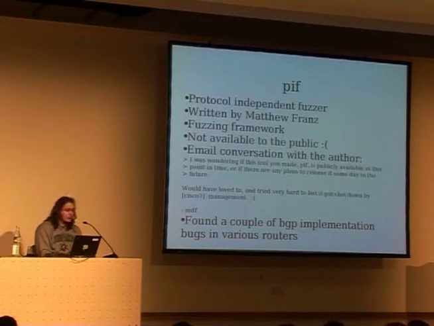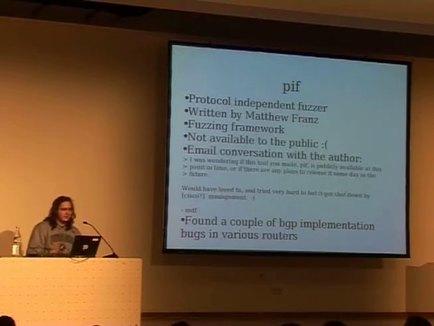I've never used it either, but Matthew Franz in 2004 made a presentation for Black Hat examining the security of BGP and how it's implemented in several routers. Throughout the slides, you'll see a lot of cool things that he does with his fuzzer, and he goes into some detail of how the fuzzer works, but it's never been released.